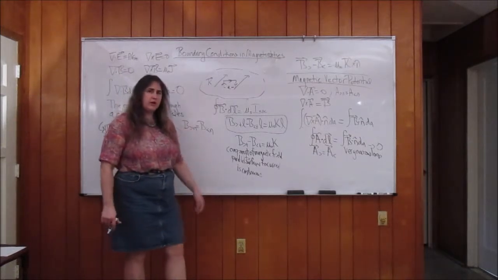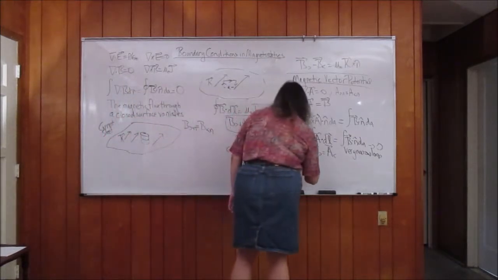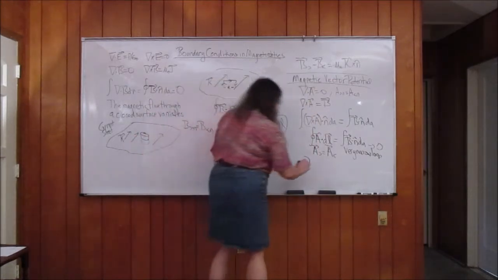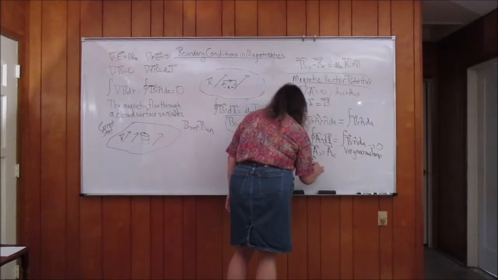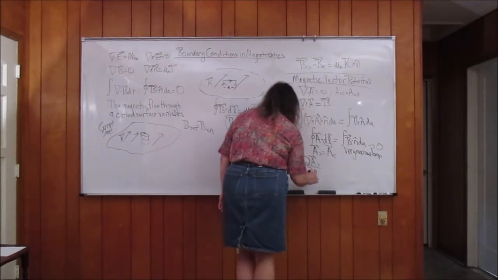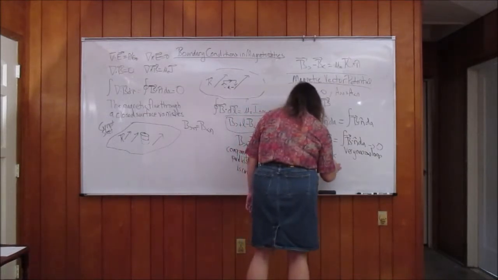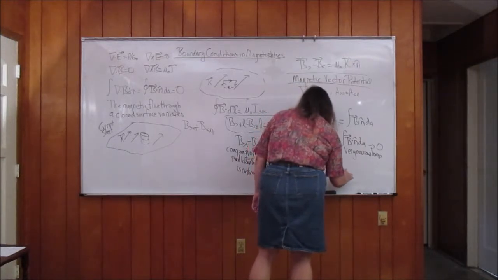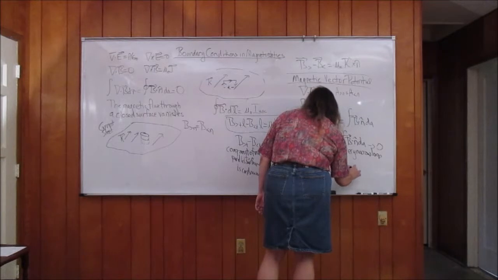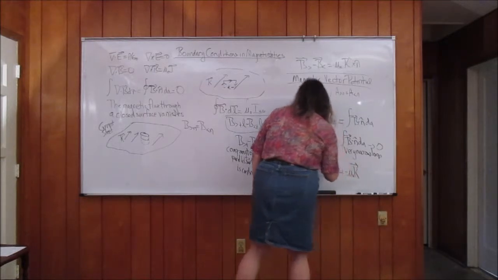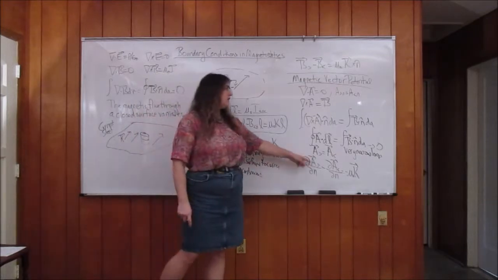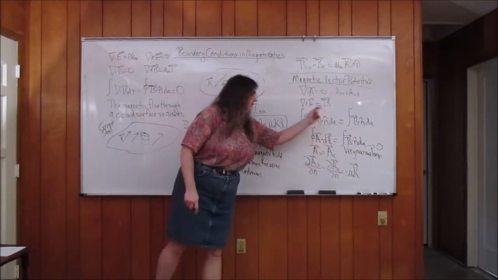Now, what about its derivative? Well, as it turns out, the first derivative inherits the discontinuity in the magnetic field.